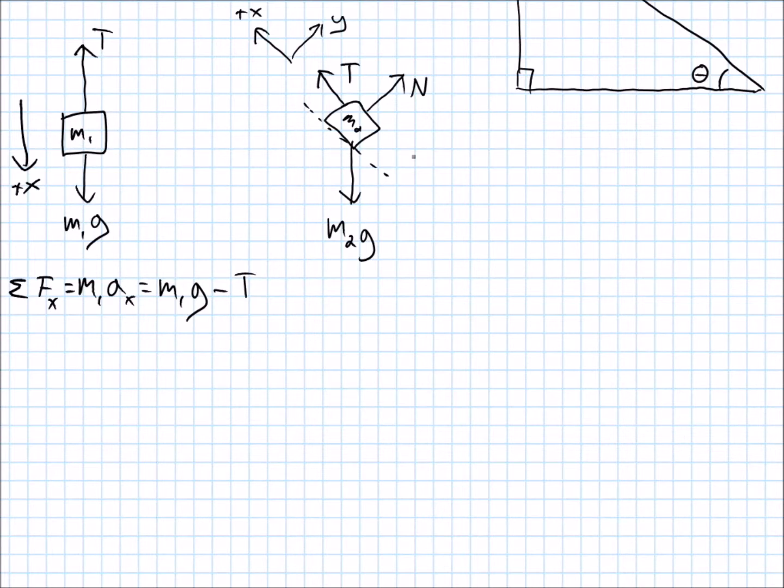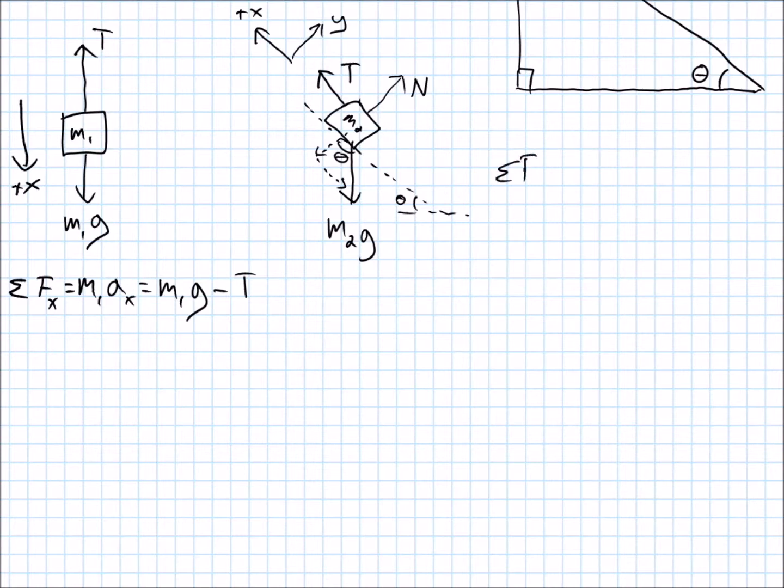Over here for M2, it's going to be a little bit more complicated. Remember our angle is theta there. If I break my M2g up into x and y components like this, that puts the angle theta right in that corner. Feel free to prove that to yourself with annoying geometry. So now I can see my x and y directions for M2g, but I see that my normal force is already in the y direction and my tension is already in the x direction.